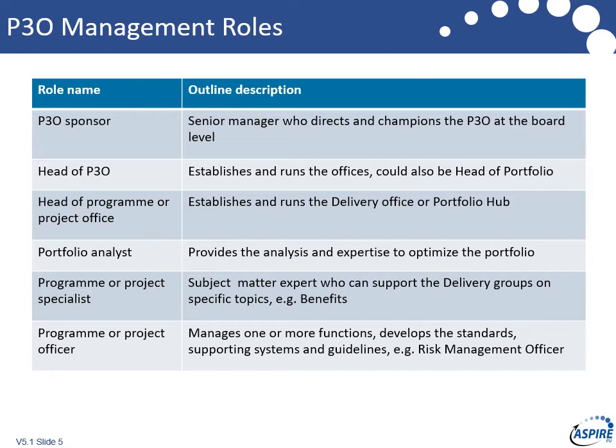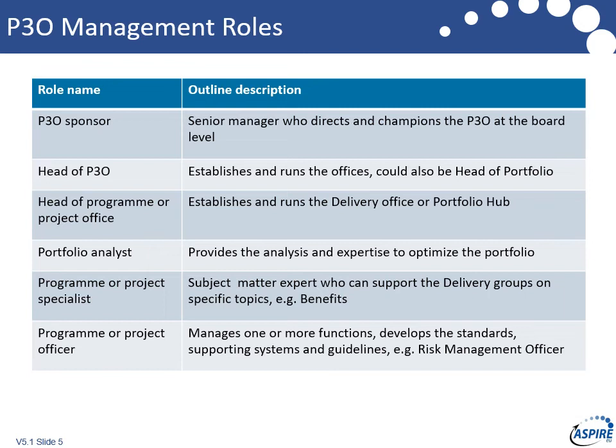And then we've got 3 other terms. There's the portfolio analyst, who is working at optimizing the portfolio, probably an expert in reporting, data analysis, that kind of thing. Then we would have program and project specialists. They could be subject matter experts or people who look after a particular type of service.